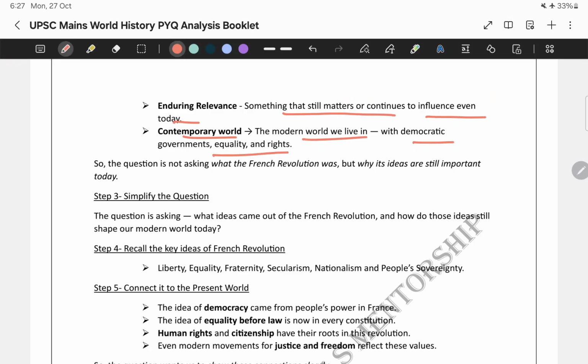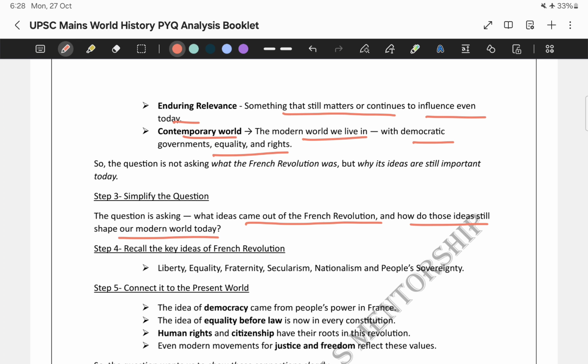Basically the question is asking what ideas came out of the French Revolution and how those ideas still shape our modern world today. This is the crux of the question: they are asking us to connect how the ideas developed during the French Revolution are still shaping our modern days also.